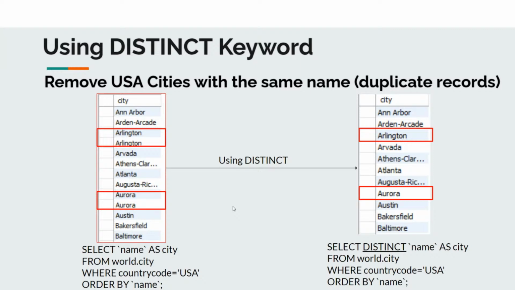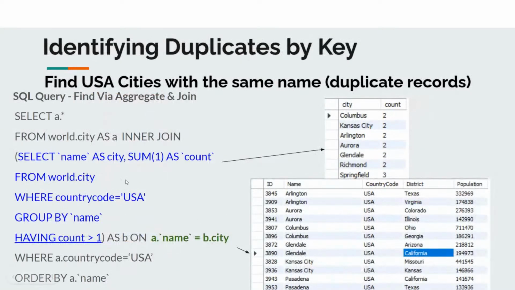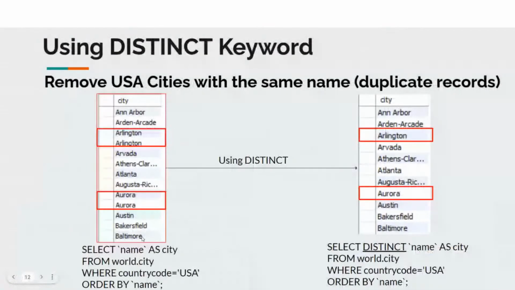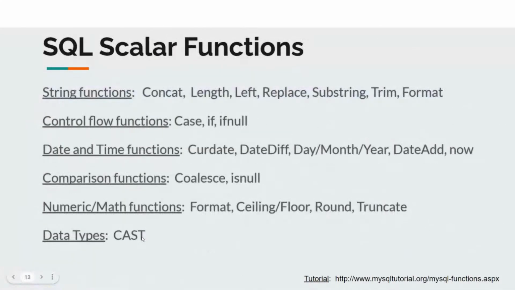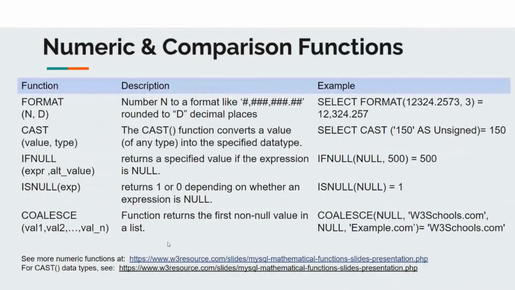We'll come back at 7:20. I'll give us about 13 minutes. We'll run through a couple of these examples since I didn't run the code, and then we'll continue with scalar functions, numeric formatting functions, and comparison and formatting functions.